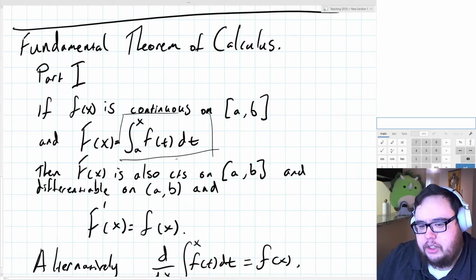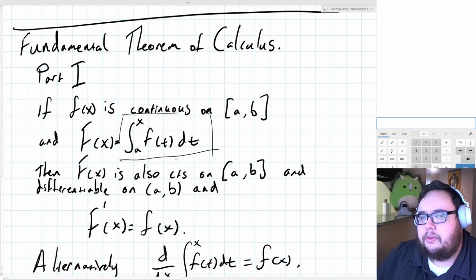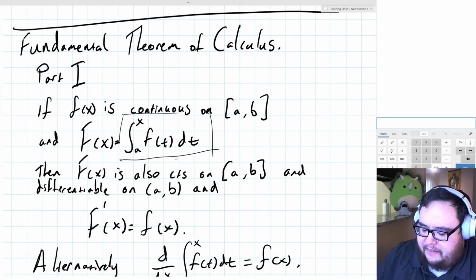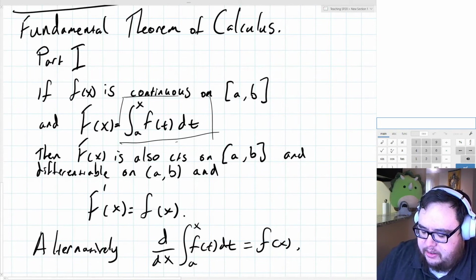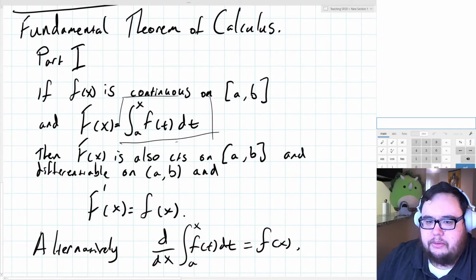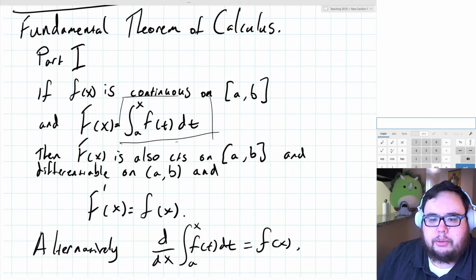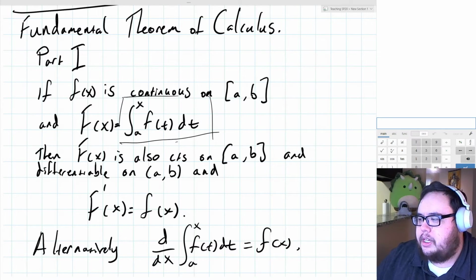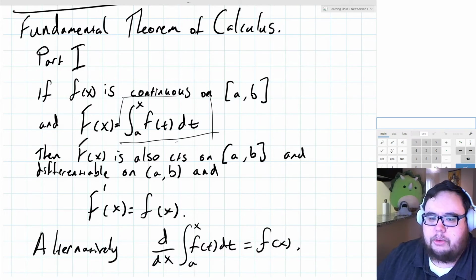You can have a function defined as an integral with variable bounds, and we have to use f of t dt instead of f of x dx here, because otherwise this doesn't make any sense. Our bound can't be the same as the variable that we're integrating with respect to. So that's why the t shows up there. We just need a different variable to use. We could have used any variable. T is just the second most common independent variable.